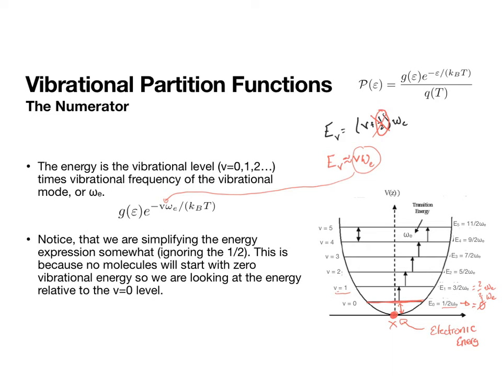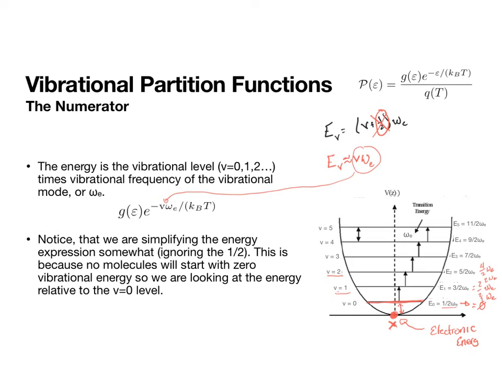I subtract 1/2 from here, I have 4/2 omega e, or 2 omega e, and v is 2. And so really we're just shifting where our 0 is, because the bottom of this energy well for vibrational energy is never filled.